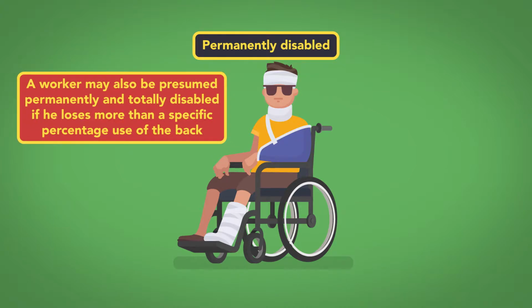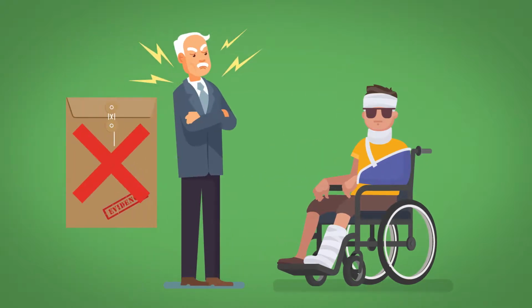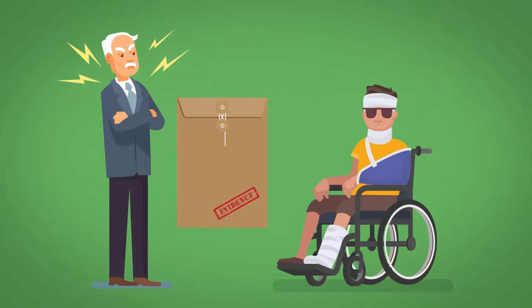A worker may also be presumed permanently and totally disabled if he loses more than a specific percentage use of the back. These presumptions may be conclusive or rebuttable, which means that the employer may be unable to provide evidence to show that the worker is in fact still able to work, or that the burden of showing continuing ability will shift to the employer.